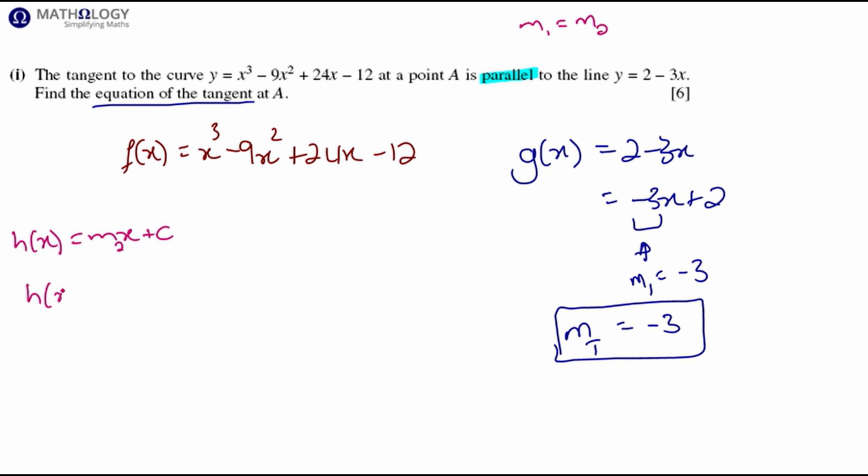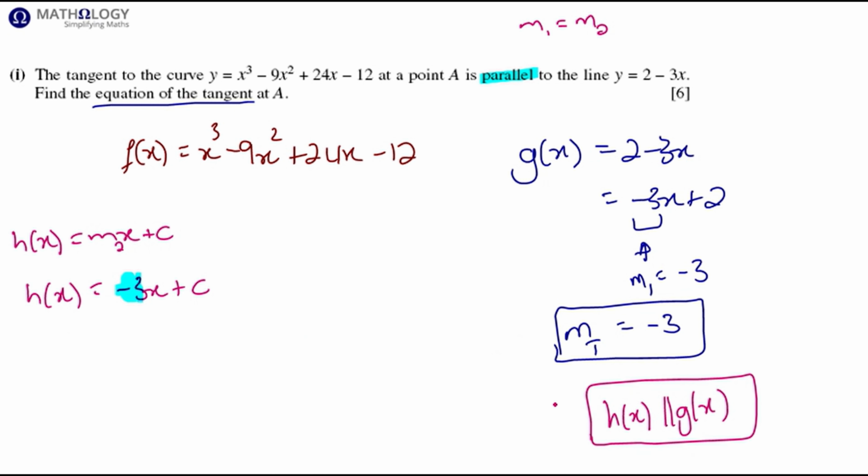Because we were told that the tangent is parallel to the line y equals 2 minus 3x. So h of x is therefore minus 3x plus c. We know that it's minus 3 just to reiterate, because h of x is parallel to g of x. So we know that the gradients are equal.